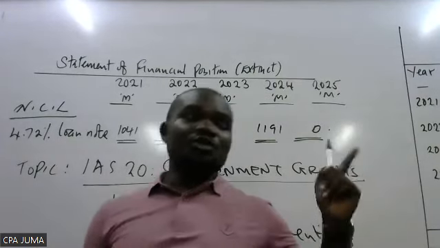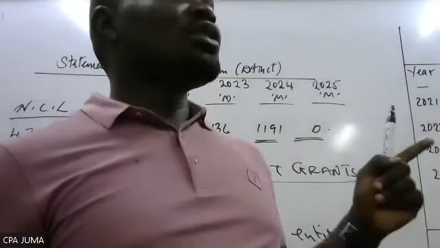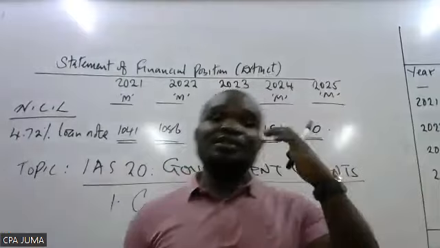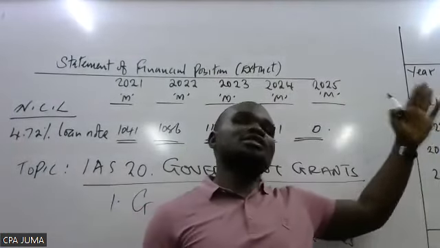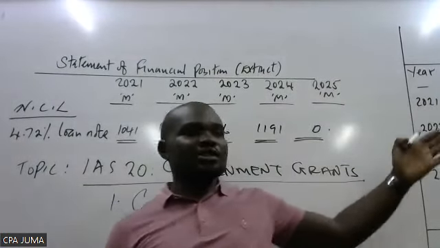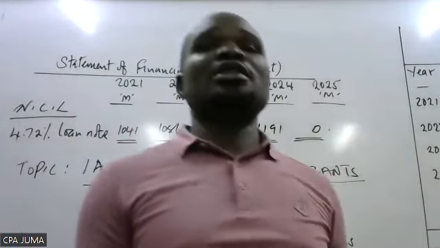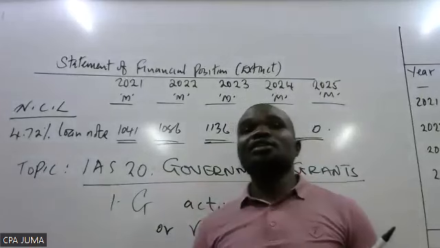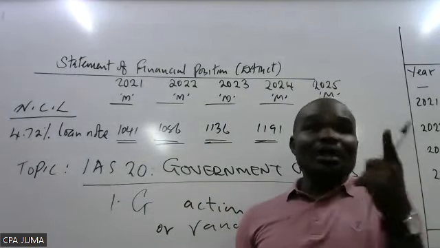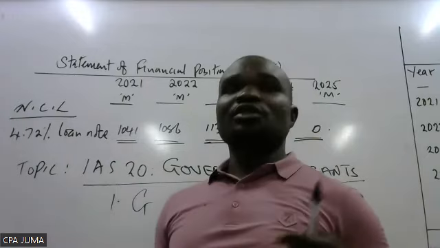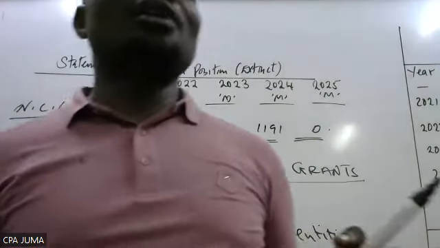But a grant, for you to get a grant, there must be what? Conditions. For example, for assistance, the government realizes that somewhere there's drought, so we want to assist these people. There's a lot of flood, we can help them to come up with bridges and all that. But when we talk of grant, you must make an application and you must show that you really qualify for the grant.